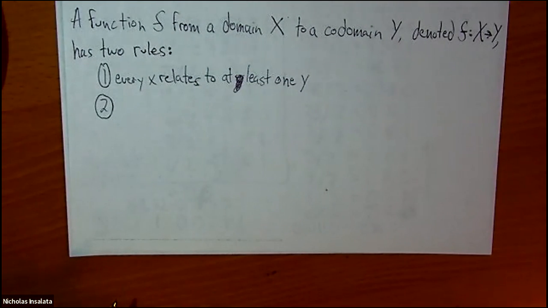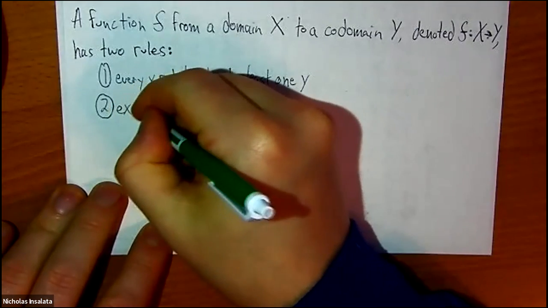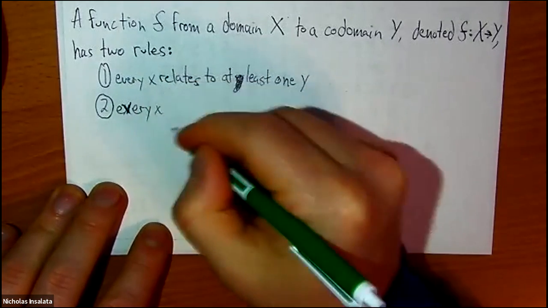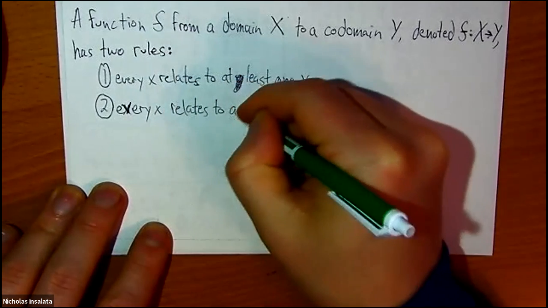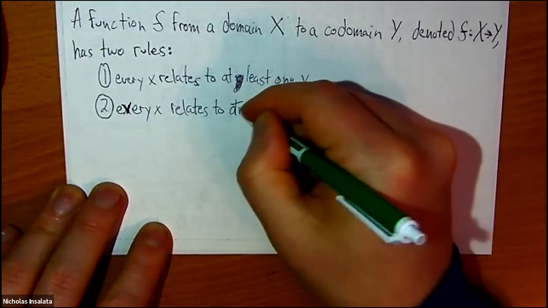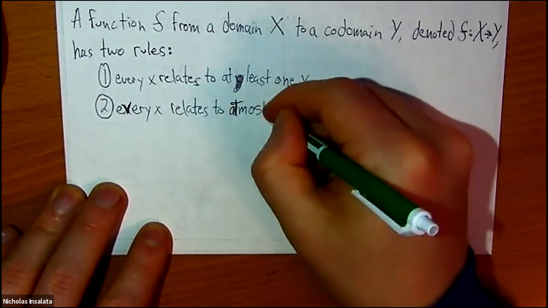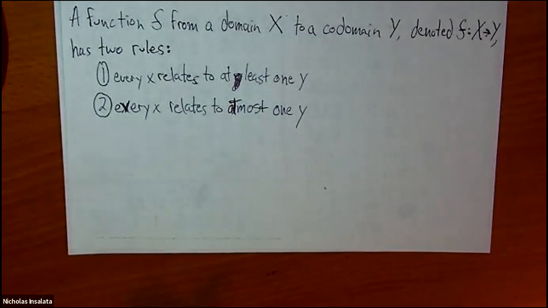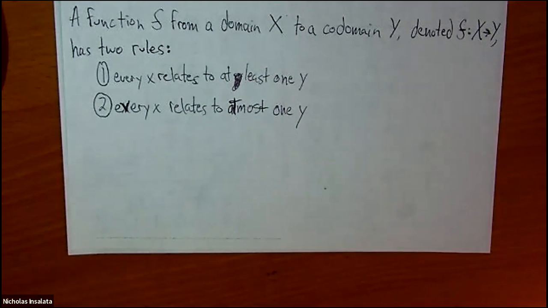Yeah, no two elements point to the same Y. So let me rephrase that just slightly. Every X relates to at most one Y. So you can't have the same X pointing to two different Ys.